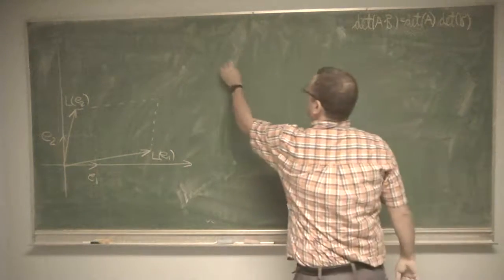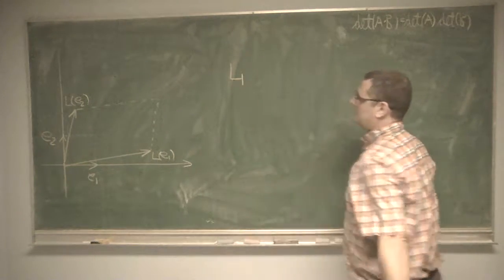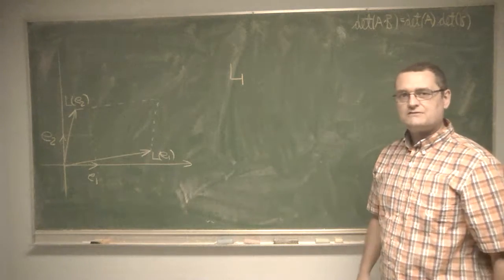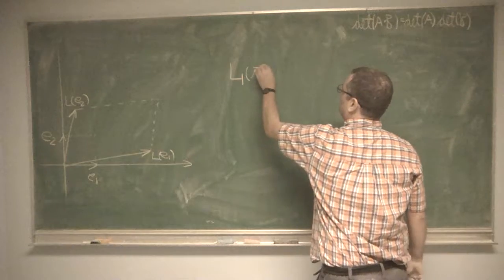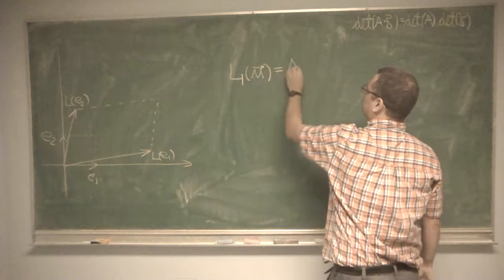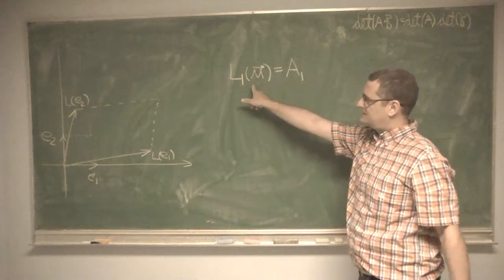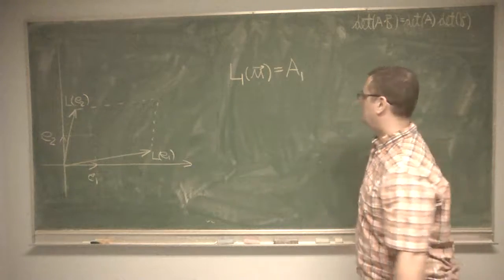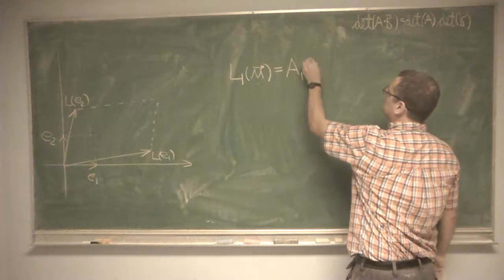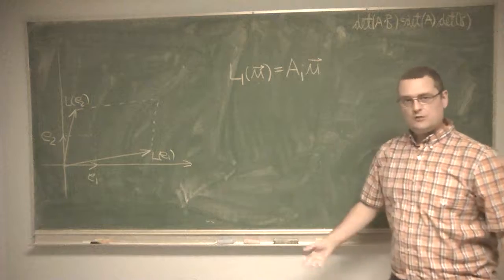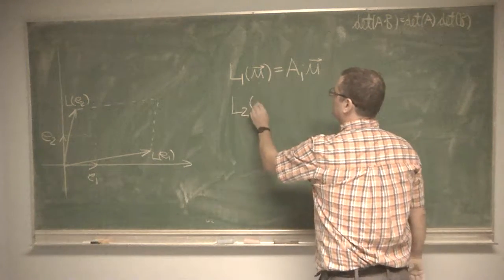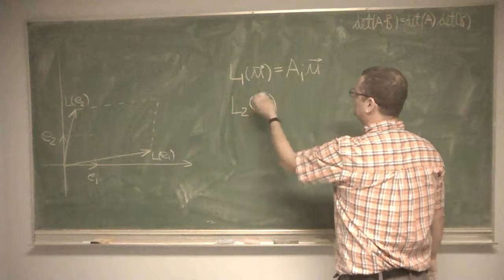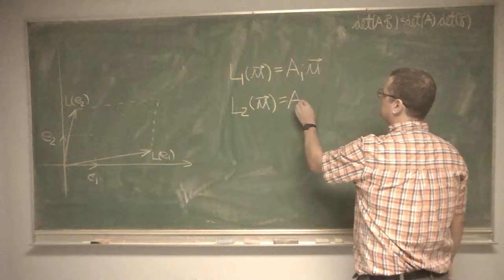So let's see, we have a linear transformation L1, and that means that L1 of U is some matrix A1 that represents that transformation L1 times vector or point U. And another transformation, call it L2, so that L2 is represented by some matrix A2.